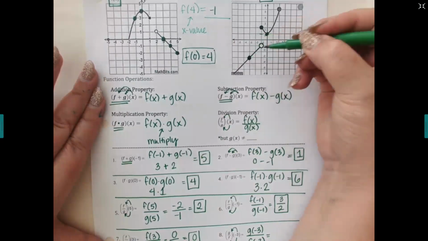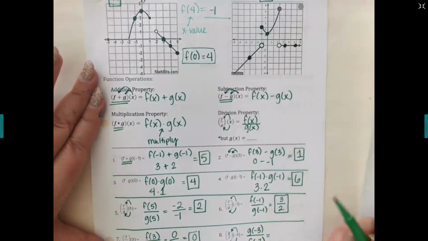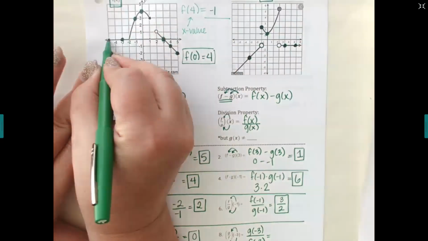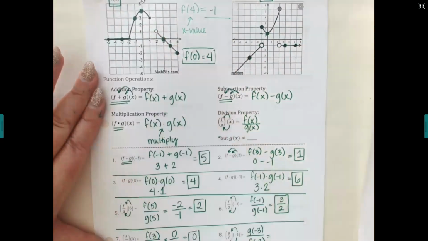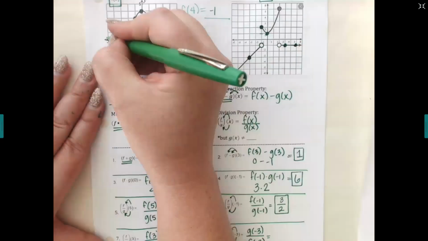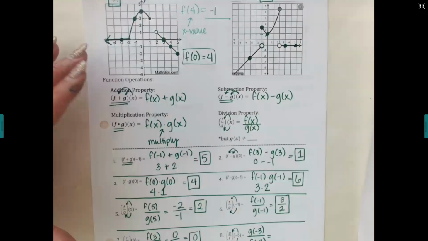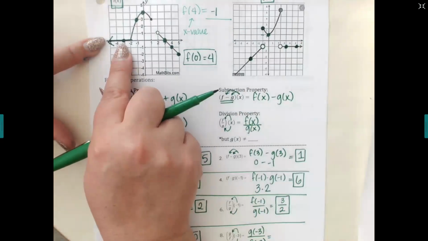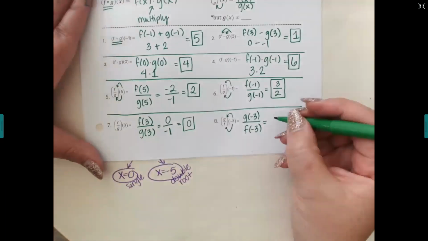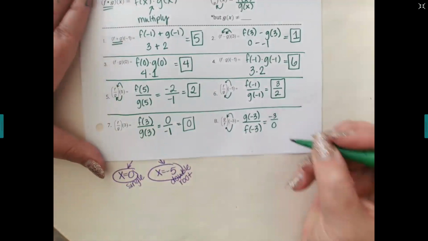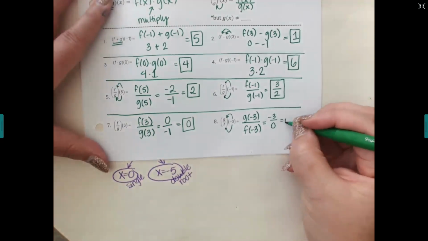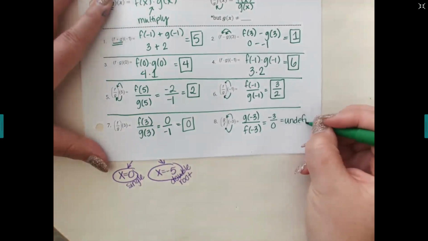That's a -3 for my y value. And then -3 on this graph. You can't really see it, but there's another little step right here. So if you want to draw that in here, there's another little step there going to the left. And since -3 is on the x-axis, that would be a 0 value. So we're doing -3 divided by 0. Okay, and then you should know that you are not allowed to divide by 0. So our answer there would be undefined.